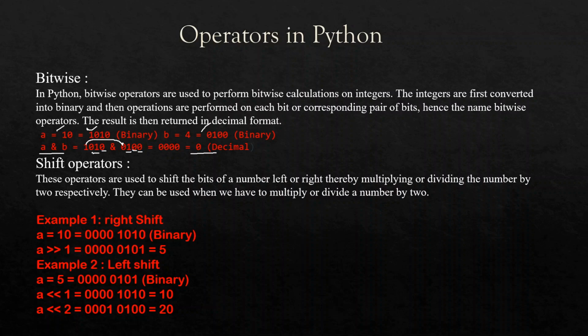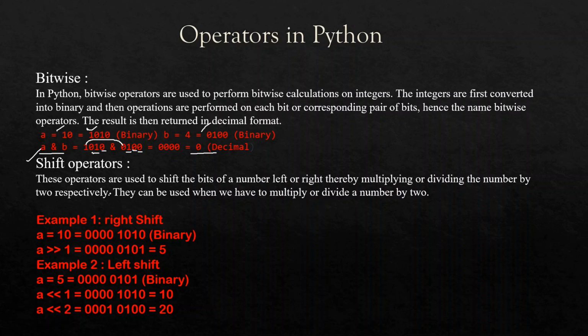So in the bitwise operator, again I'm repeating: first we convert the decimal number into binary, then over that binary number the bitwise operation is performed. In shift operations also, it works with the binary number.